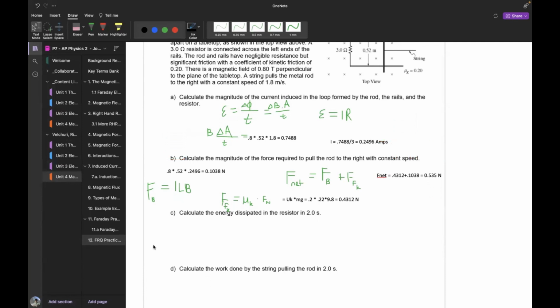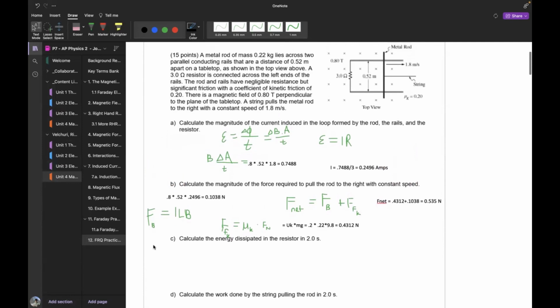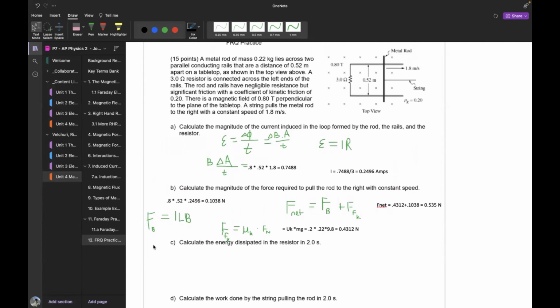Okay. So the rate of heat dissipated, or power, is given by energy over time.